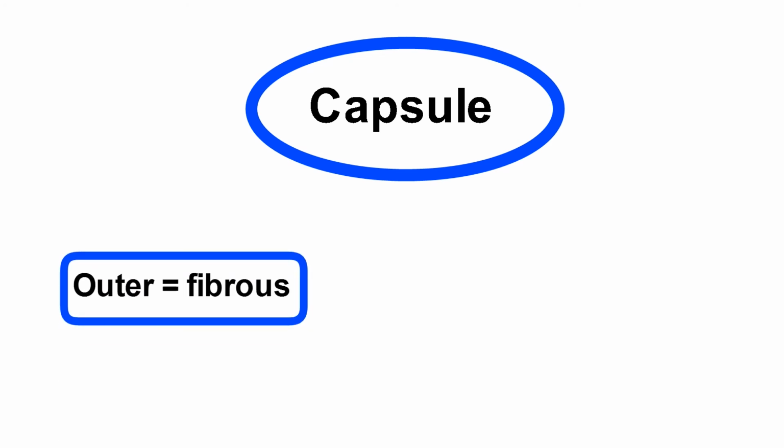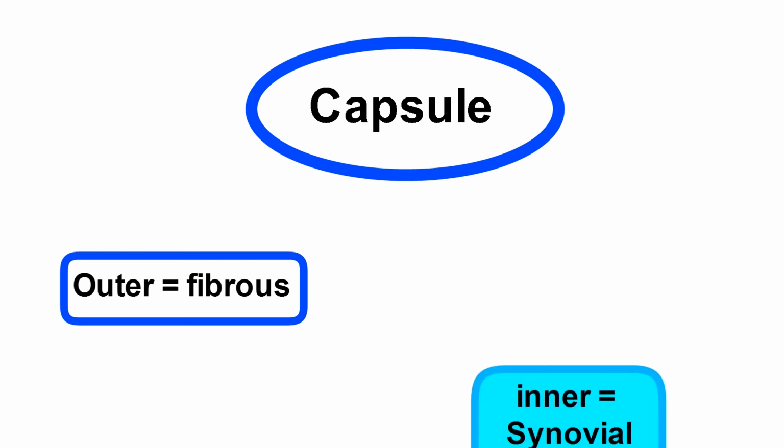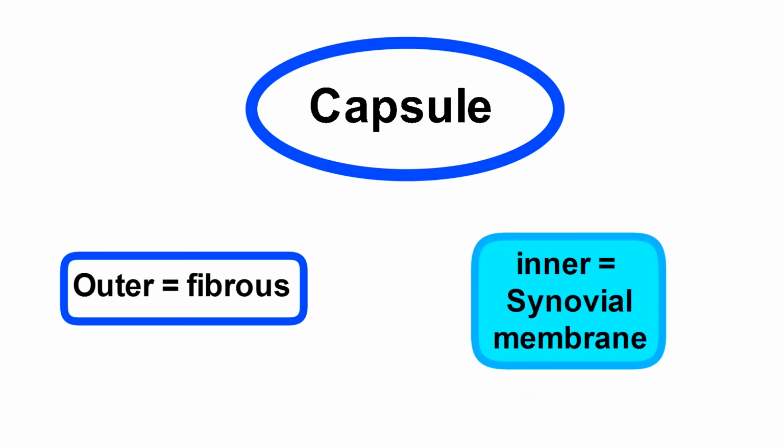Here, remember what the capsule of a synovial joint is made of. It is made of outer fibrous connective tissue and an inner synovial membrane that secretes the synovial fluid, and the synovial membrane lines the capsule, but it stops at the margin of the articular cartilage.